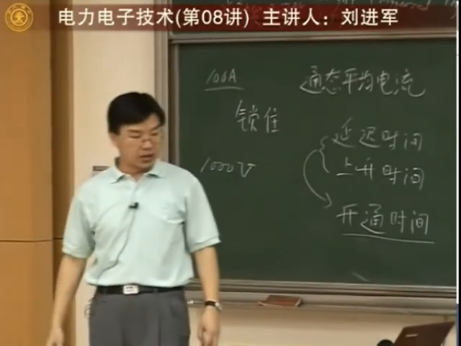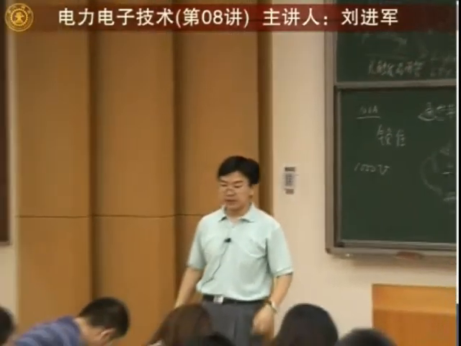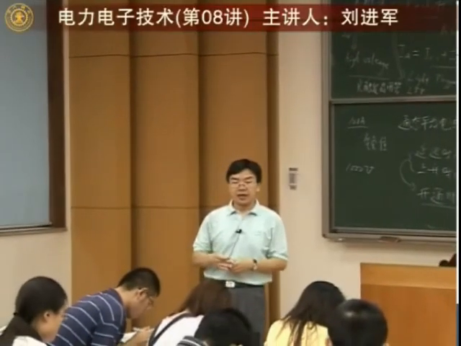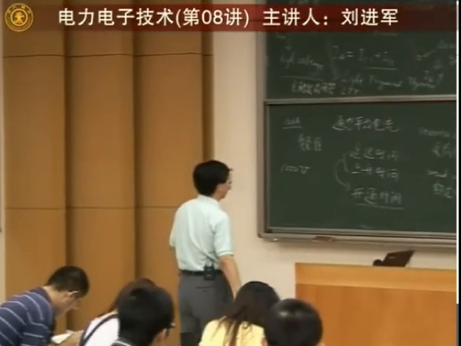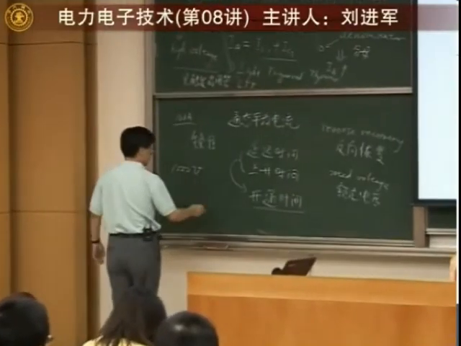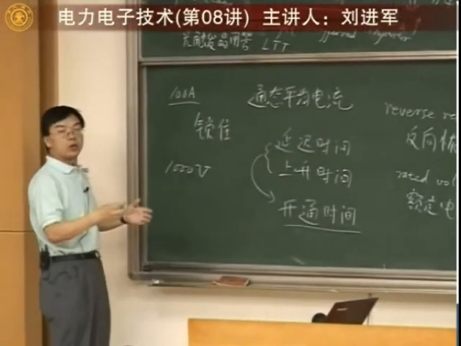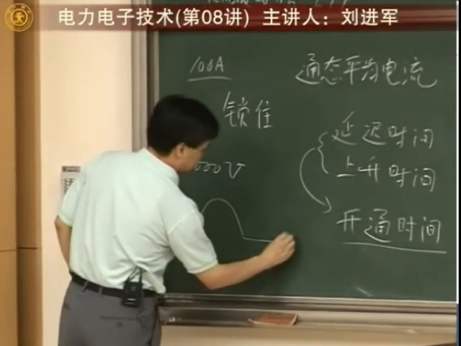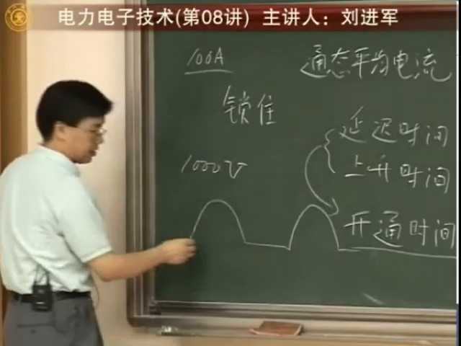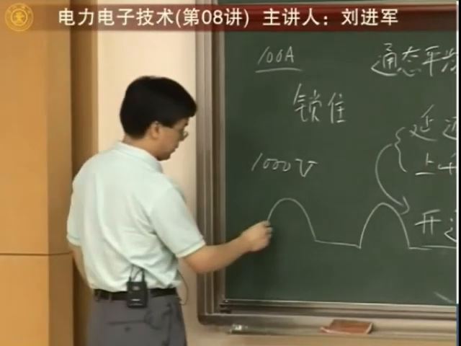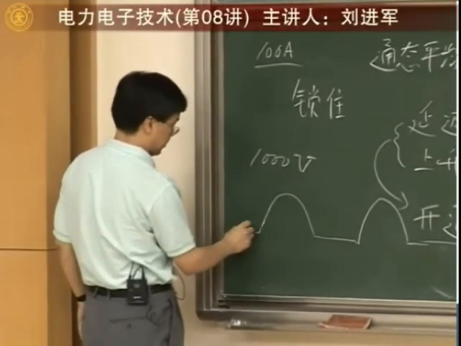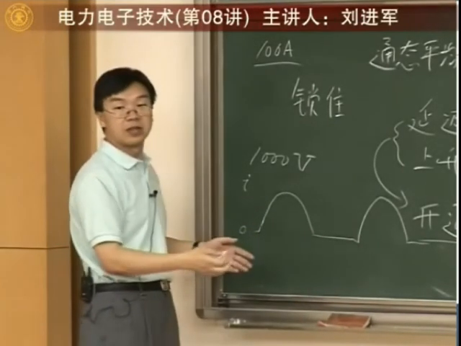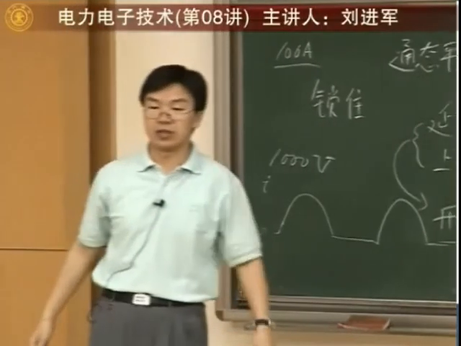But average on-state current has a special definition. I want you to pay attention to that. What is average on-state current? Average on-state current is usually defined as when you apply such kind of half sine wave current flowing through the thyristor.